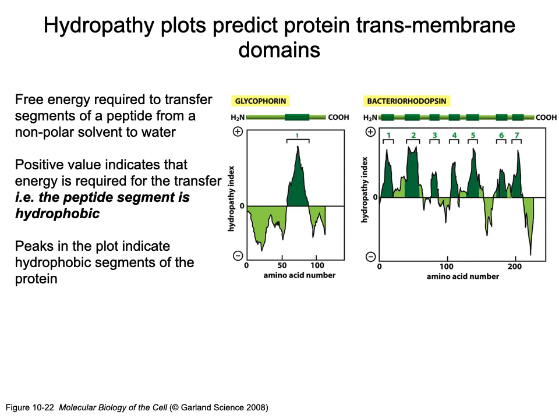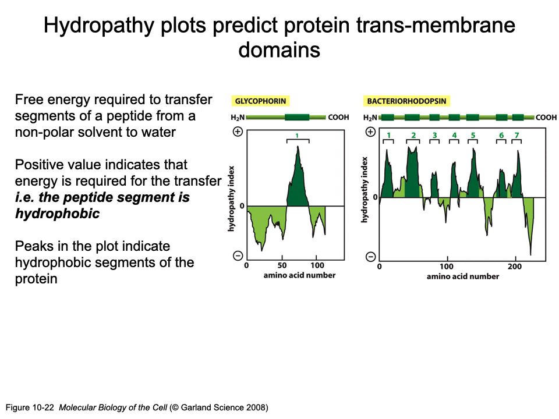So we can begin to predict where transmembrane domains might be present, where we might get these alpha helixes, by doing hydropathy plots. What they do is they look at the peptide and its ability to move from a nonpolar solvent to water, and how much energy is going to be needed in order for that to happen.